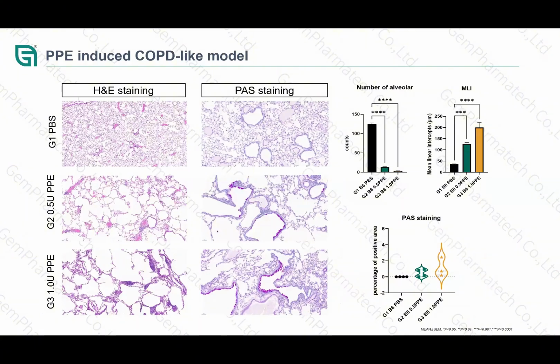And on the pathological side, in addition to showing obvious emphysema, the PAS staining result also indicates significant mucus deposition in the airway of the mice. These key findings make it a valuable tool for evaluating therapies targeting TH2 dominant COPD.